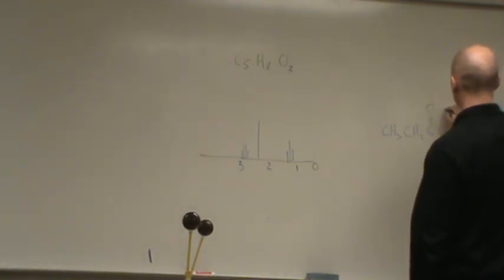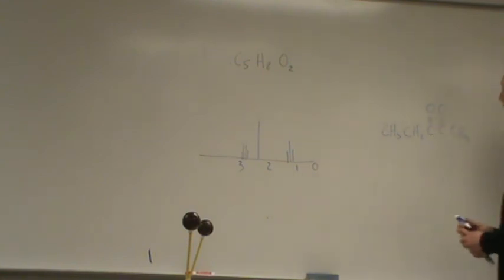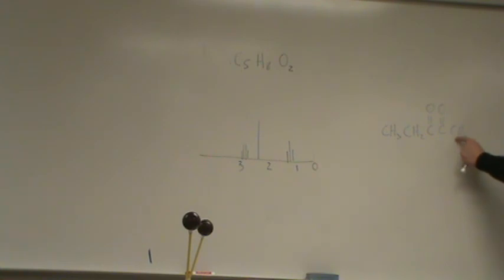And let's finish the molecule here. Remember I told you there was only a carbonyl, there was no OH. So this makes the CH3 a singlet because its neighbor has no hydrogen.